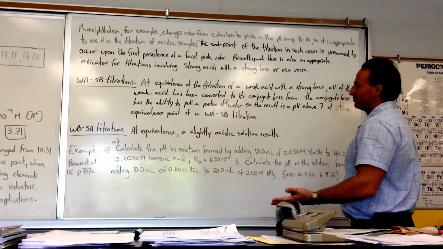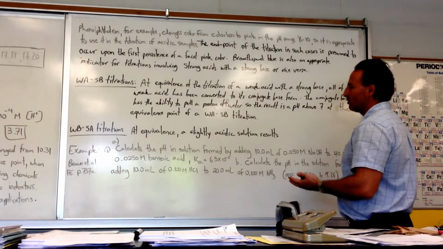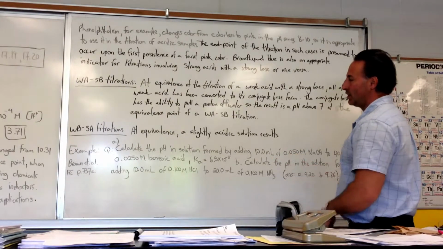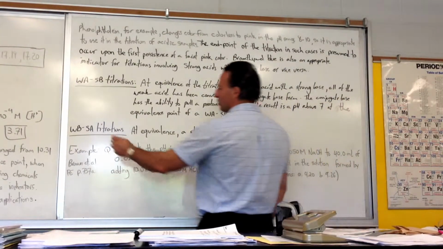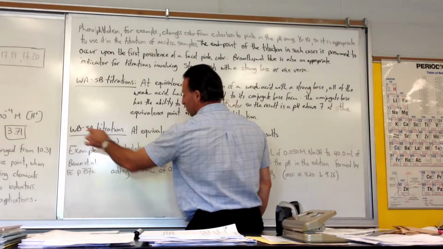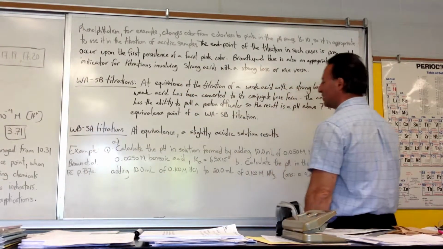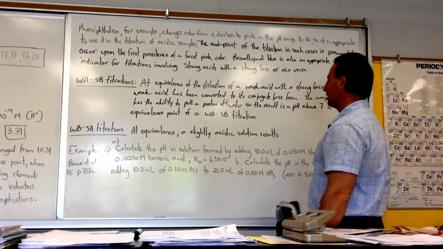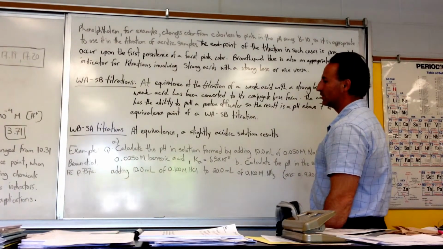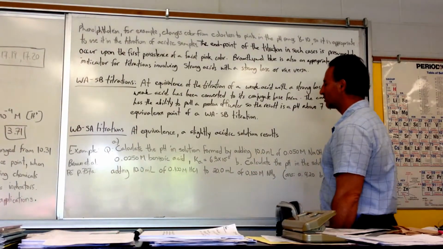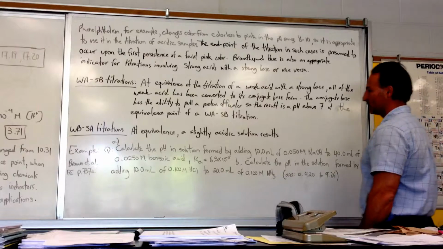On the other hand, if you titrate a weak base with a strong acid, at equivalence you will get a slightly acidic solution, because the conjugate acid of the weak base is going to donate some protons into solution, and the pH will therefore be below 7.